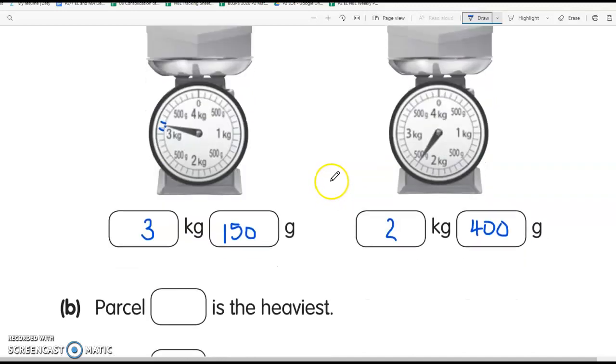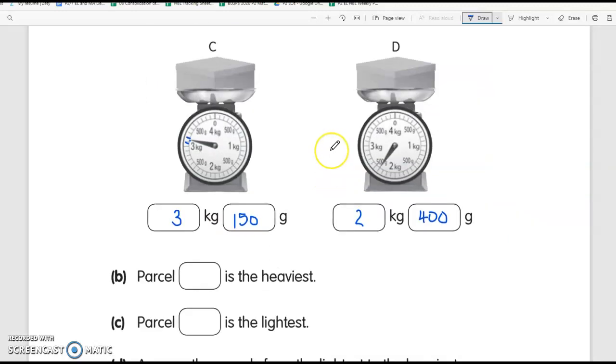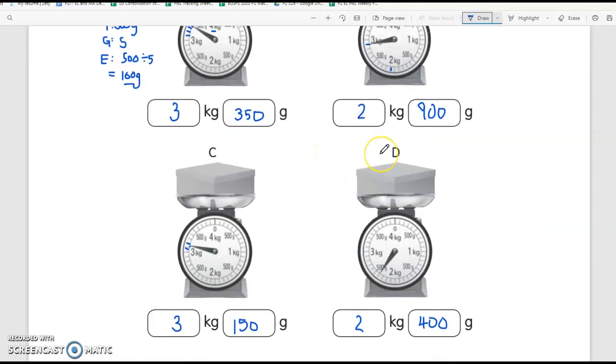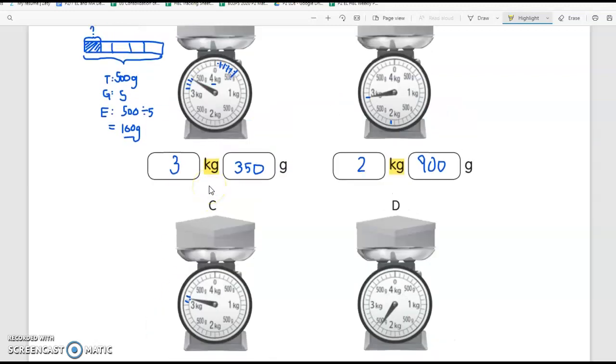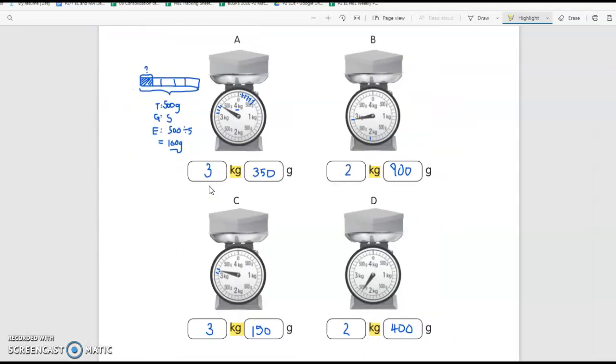Okay, so now let's move on to question b. Which parcel is the heaviest? So now we are comparing. Now when we compare, which one do we look at first? We look at the kg first. So the heavier number is actually 3. Okay, so 3 kg, 3 kg. So now we compare parcel A and parcel C. Both are 3 kg.